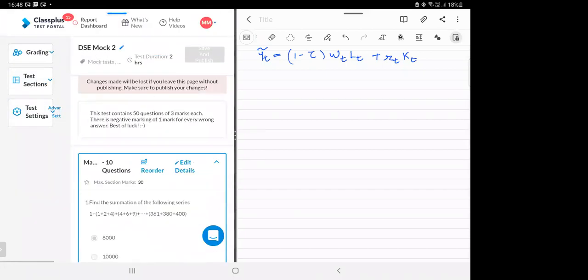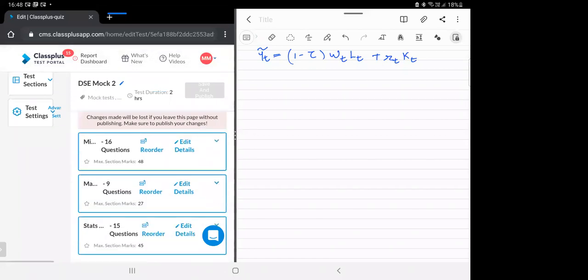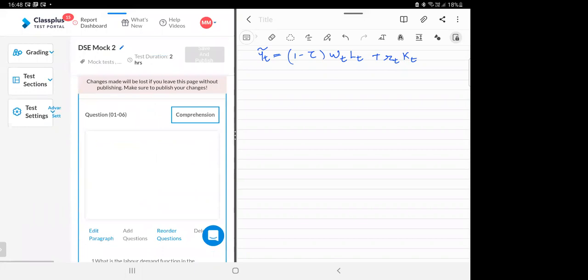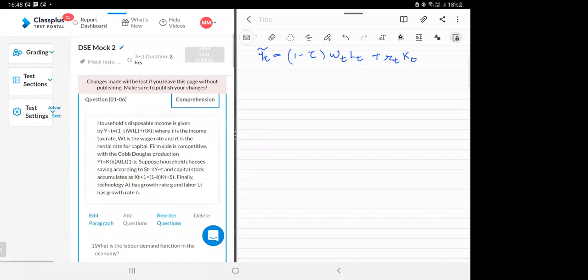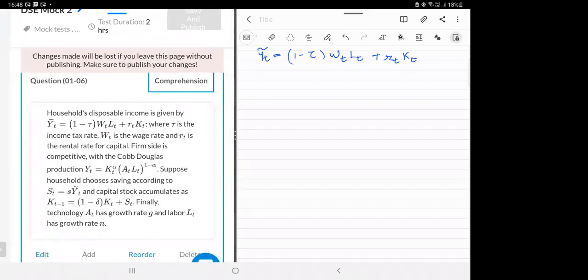Pretty irritating. Macro question. Okay, which question did we have a doubt in? Tanvi, are you with us?